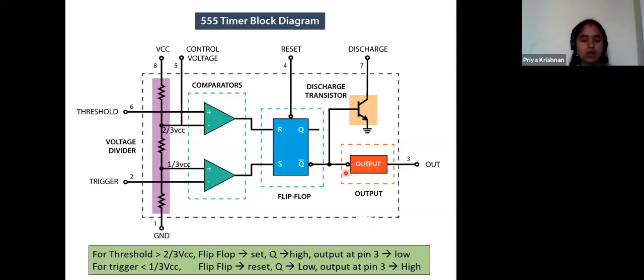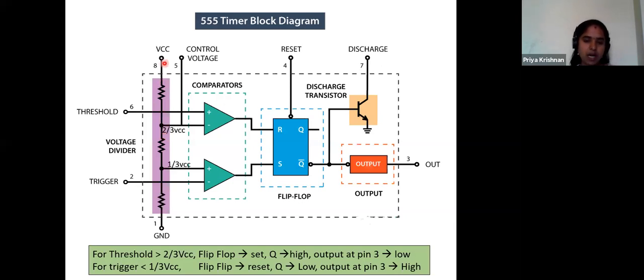I want your concentration on these two points. See, the positive of the comparator is connected to the potential divider where we have the voltage 1/3 VCC. The other point of this comparator is connected to one potential divider where I have the voltage of 2/3 VCC.